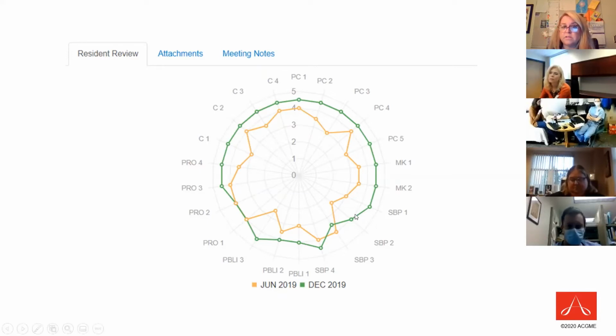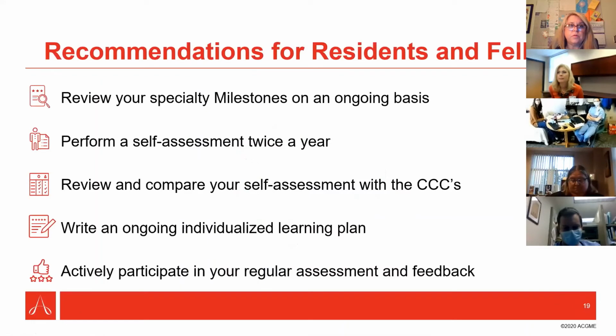And you can kind of see right here, something happened in systems-based practice where there's actually a little bit of a dip for this person. So that might clue us as a CCC or your advisor or Dr. Witt to say, hey, what's going on there? And then take a deeper dive into the data that caused that point to show no growth and actually a little bit of regression. Does that make sense? All right.